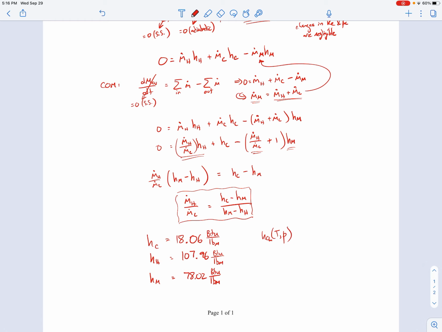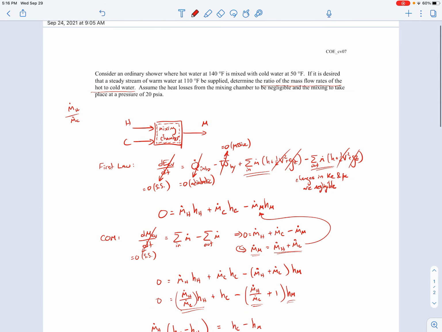So the specific enthalpy for compressed liquid at some temperature and pressure is approximately equal to the specific enthalpy for the saturated liquid at the same temperature plus the pressure we're operating at minus the saturation pressure at the same temperature times the specific volume of the saturated liquid at that same temperature. So that's how these quantities here were found.